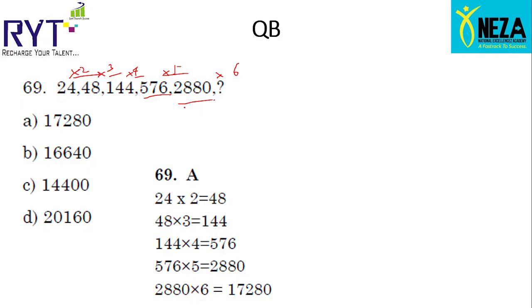How do I do it? Do I really need to multiply 2880 with 6? No, not necessarily. Observe the unit digit, it is 0. 0 in all of them, no problem. Next digit 8. 8 sixes are 48. We know that. This 8 has to be there in the answer. Then A is the right answer. No need.